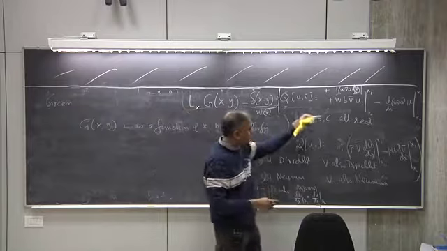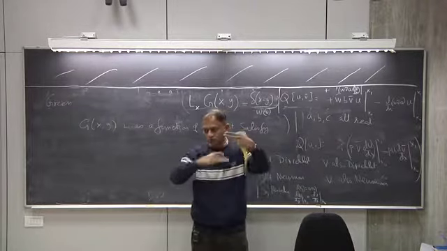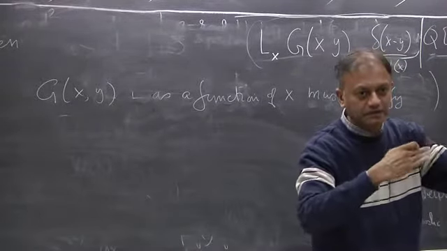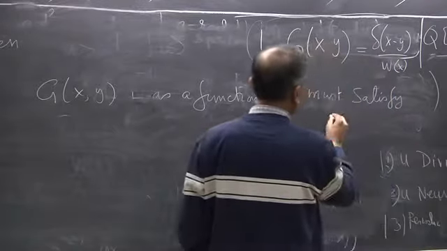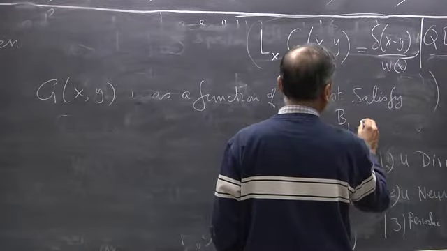Let me call those two boundary conditions B1 and B2. Remember, there are two boundary conditions, two linearly independent boundary conditions. So it must satisfy the boundary conditions B1 and B2.